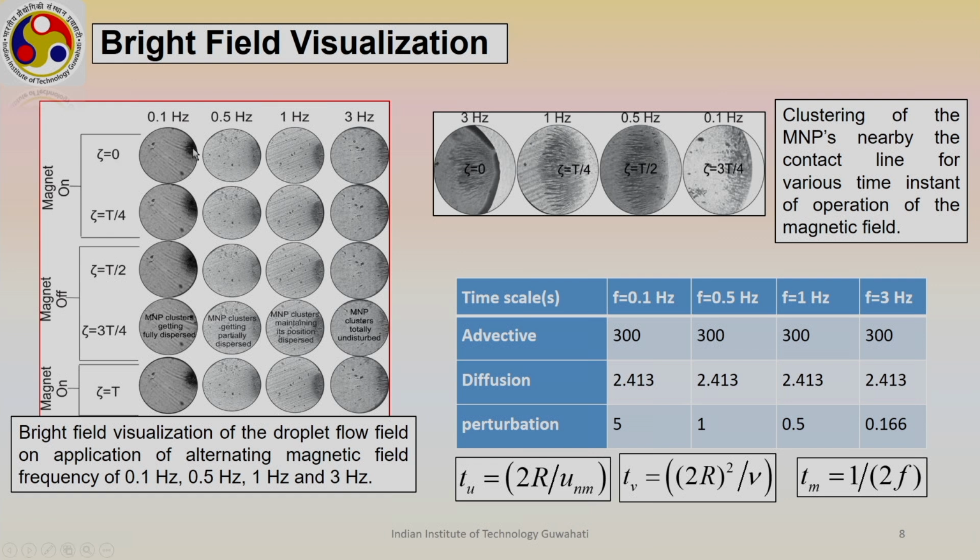The 0 means the particles are from the previous cycle, and 0 plus means the magnetic is on, and particles are getting attracted towards the magnet at the right side, and particles will be deposited at the periphery of the droplet which is close to the magnet.